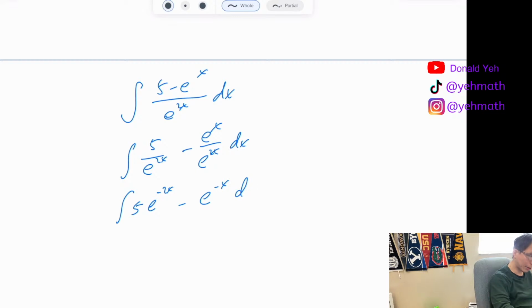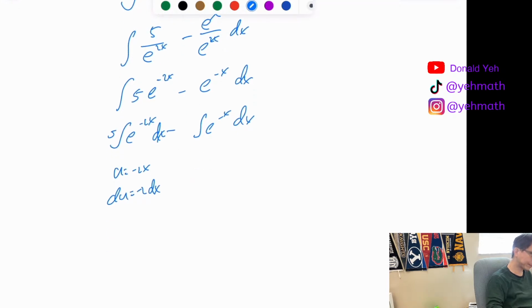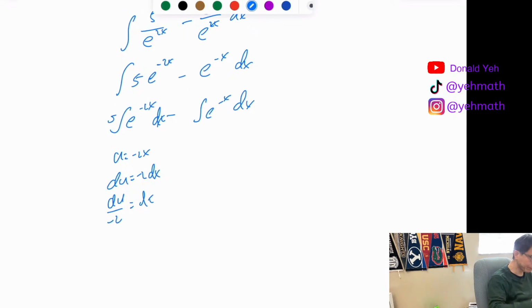Now those are two separate integrals. If you want to do the integral of 5 e to the negative 2x minus e to the negative x dx, here u equals negative 2x, du equals negative 2 dx, so du over negative 2 equals dx. A lot of people don't write down dx. It's really important.